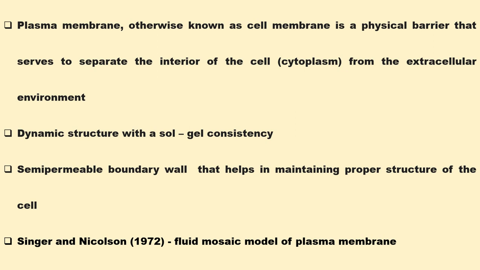It is a semi-permeable or selective boundary wall that helps in maintaining proper structure of the cell. Therefore, we can understand that this plasma membrane also helps to give a skeletal support to the cell.